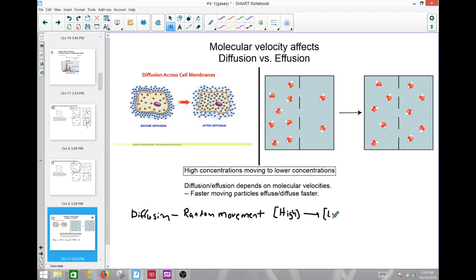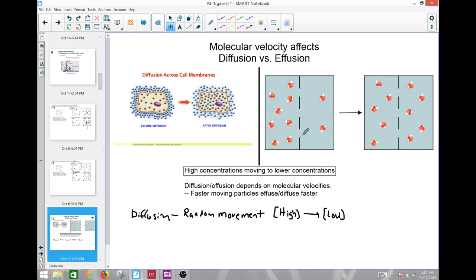Essentially, things are going to start spreading out. If you smell something in the air, it's because the gases are diffusing from an area of high concentration to an area of low concentration.